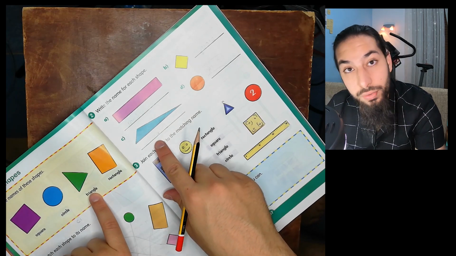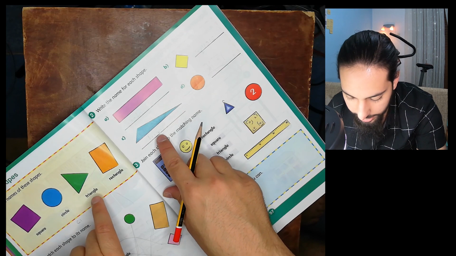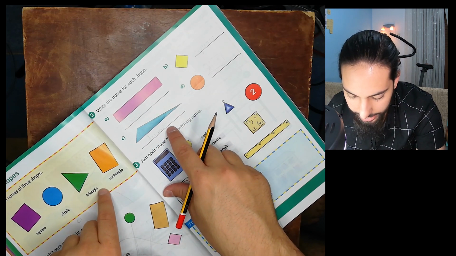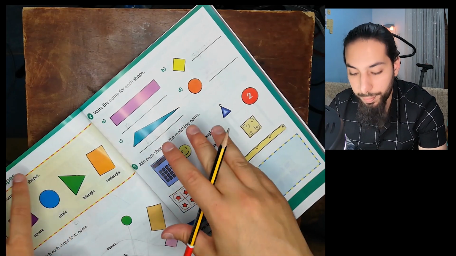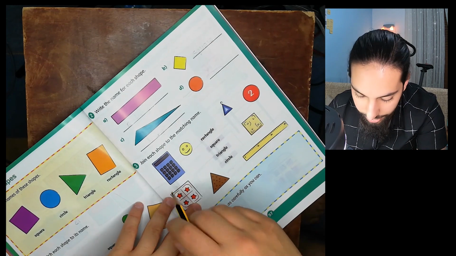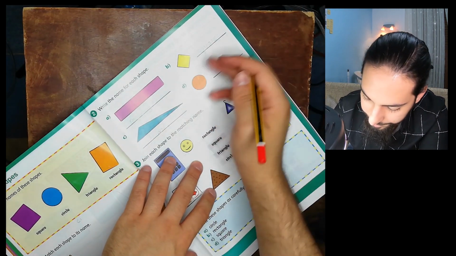Of course, after you write it, you can compare the spelling. After you write it here, compare your spelling with what's written here, in case this is not clear enough for you, because the writing might not be very clear because the pencil is not that good.